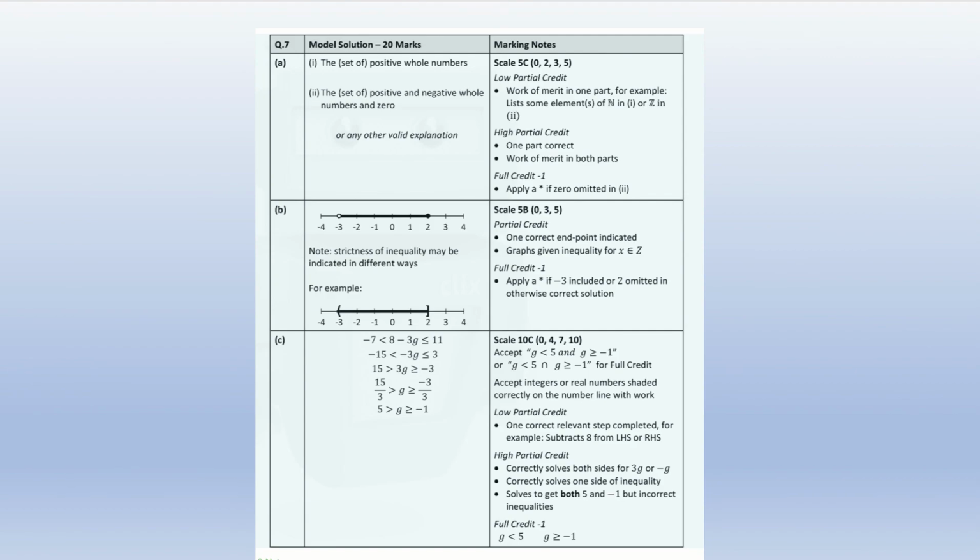If we take a quick look at the marking scheme out of all those questions together, 7a, that's what we wrote down, and 7a part II, that's literally what we wrote down as well. That was your 5 marks.